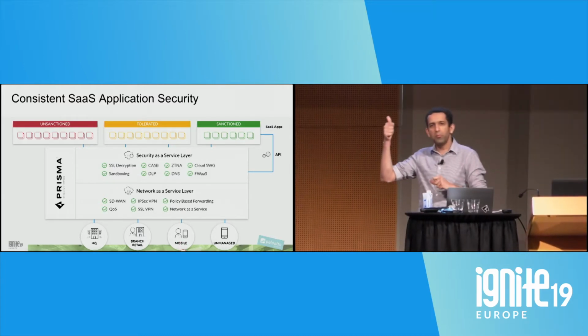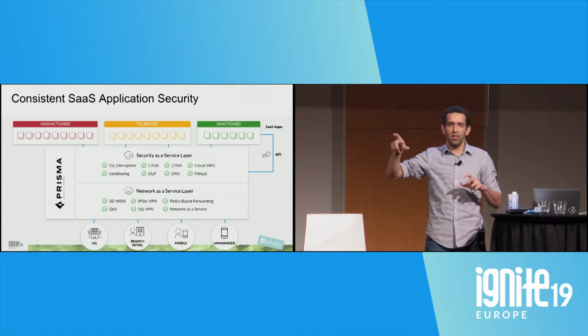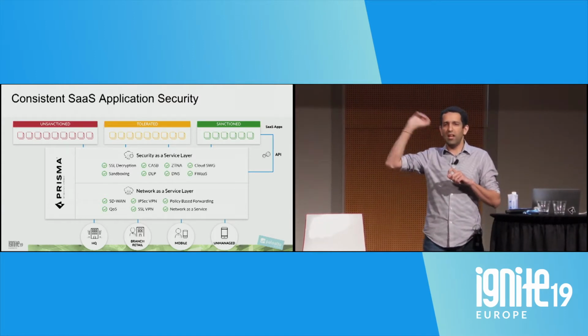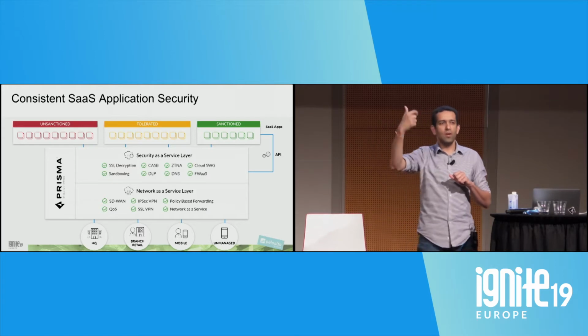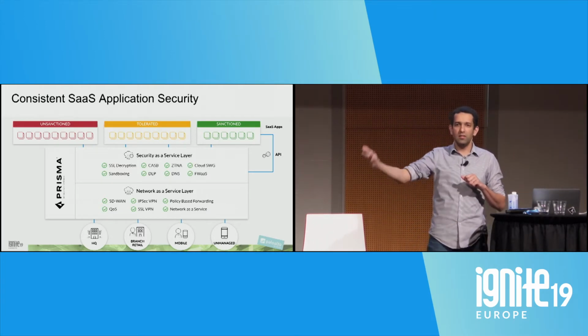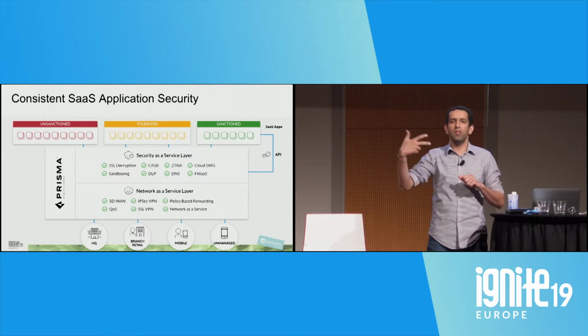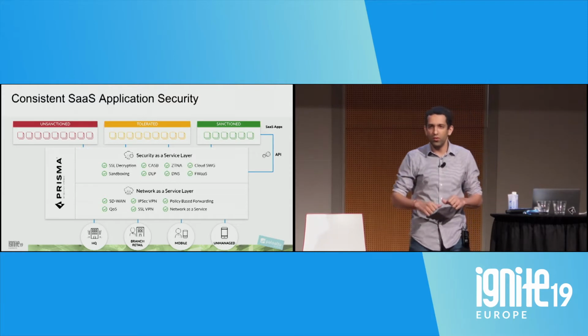And right on the top, you see 3 buckets. I'm sure you've seen this from us before if you've attended any of our previous Ignites, but I'll just go through it very quickly. There are sanctioned apps, which are apps that you pay for, right? If you have Office 365, Salesforce, these are all licenses as an IT team that you've paid for, and you've also approved within your environment for your users to use.